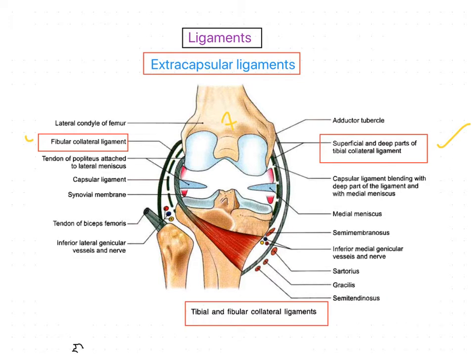Here, this collateral ligament is a long band of great strength. Superiorly, it is attached to the medial epicondyle of the femur just below the adductor tubercle. Inferiorly, it divides into anterior and posterior parts.